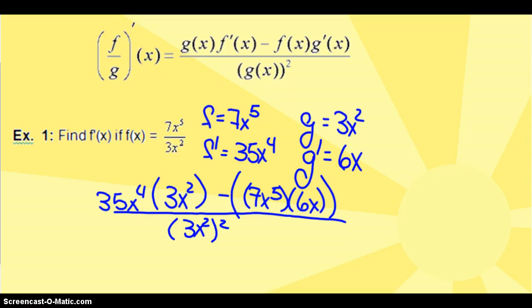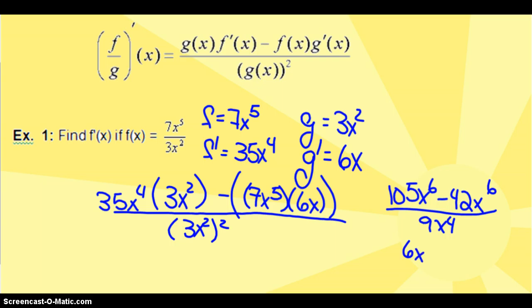And so then I will simplify, and I will get 105x to the sixth minus 42x to the sixth over 9x to the fourth. That's 63x to the sixth.